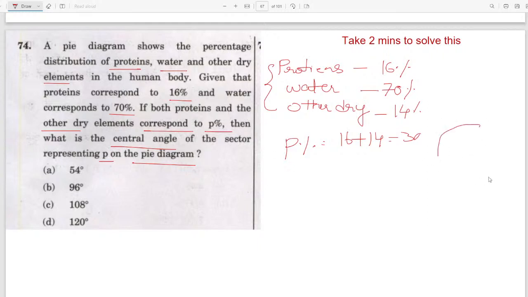So in this pie diagram, they're saying that 30% corresponds to how much central angle? So we know that 100% corresponds to 360 degrees.